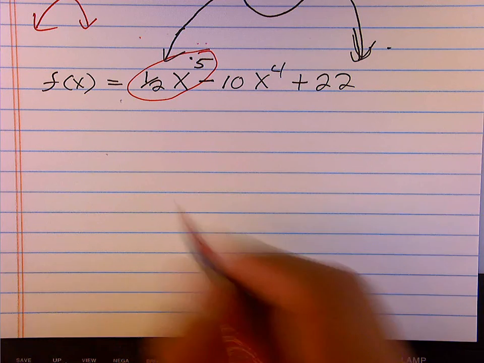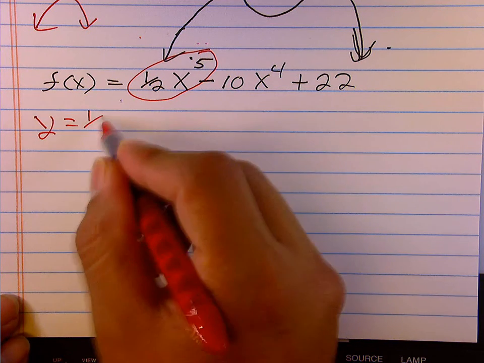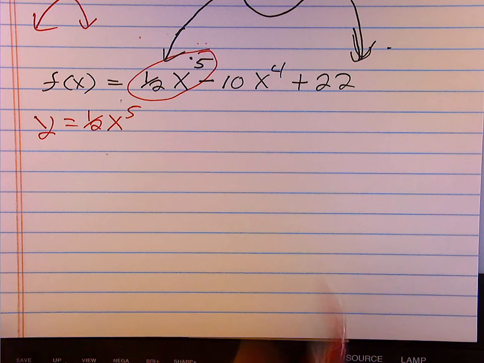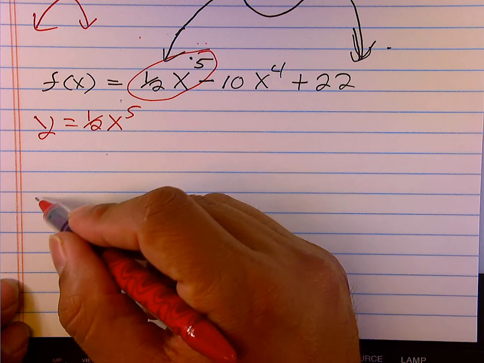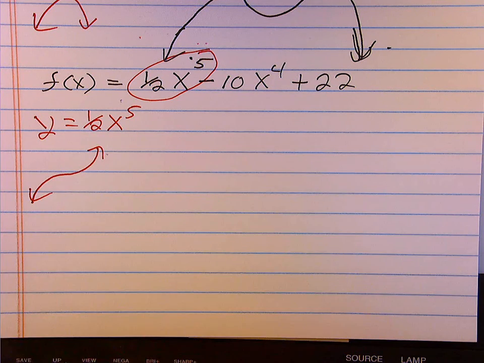Now, I know that the left and right hand behavior of this graph is going to look like this graph. Now, it is an odd, which means its left and right hand behavior is going to behave as all odds do, like a line is also odd. And I have a positive lead, just like a line with a positive lead, when read from left to right, it's going up. Which means the left-hand side is going down and the right-hand side is going up.